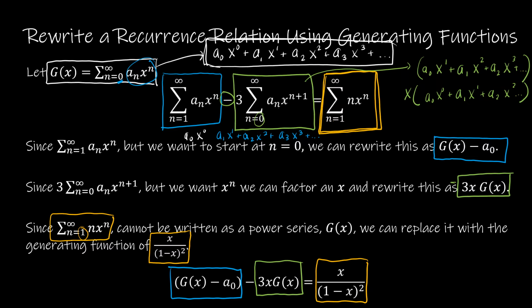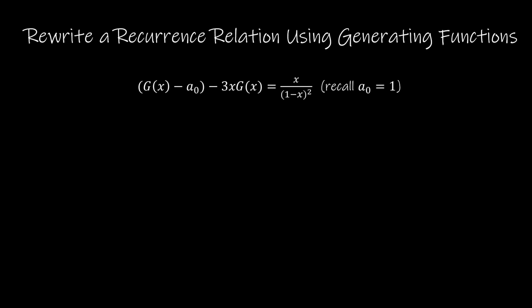So this is where I am now. g of x minus a sub 0 minus 3x g of x is equal to x over 1 minus x quantity squared. From here, I'm going to just try to clean it up as much as possible. And what I want when I get to the end of this is g of x equals. So that's my goal, get g of x equals.